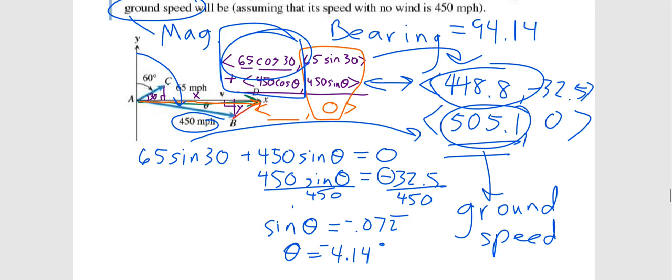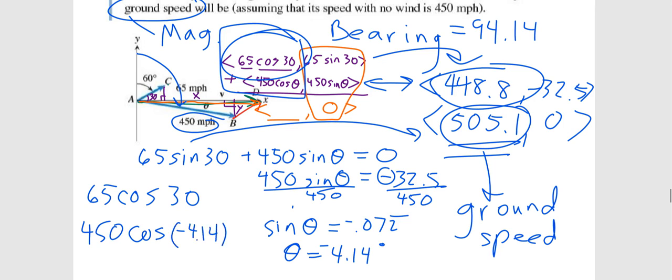So we added the 65 cosine 30 and the 450 cosine negative 4.14. Those two things added together gave us the 505.1. They were the x components.